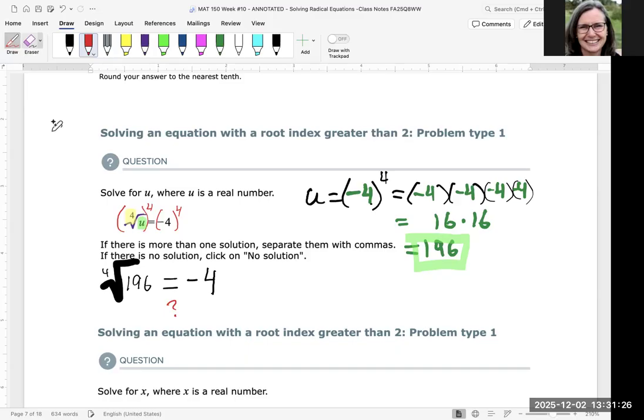And the answer is no. I have a negative output. How can I have a negative output? If I am multiplying 4 negative numbers together, negative times negative becomes positive, and negative times negative would become positive. And if I'm multiplying positives, I will end up with a positive.